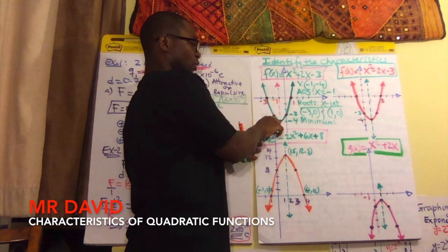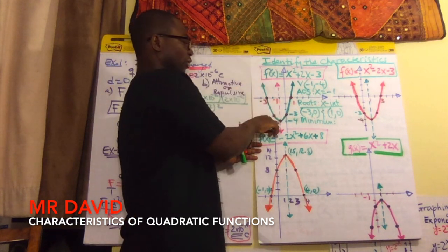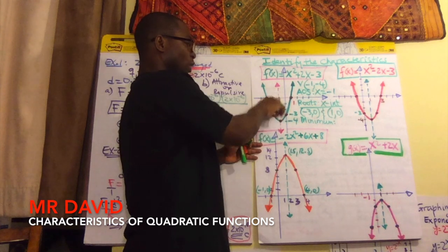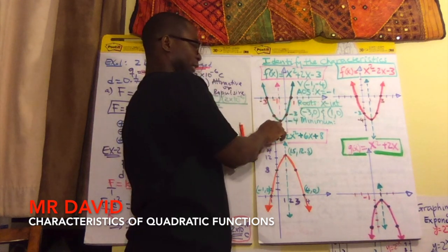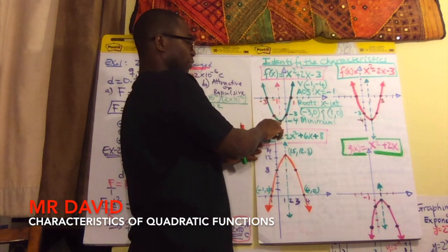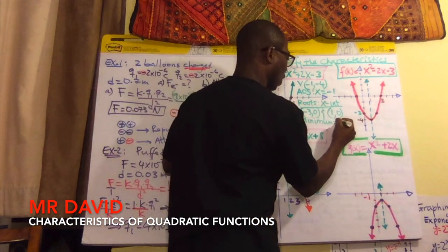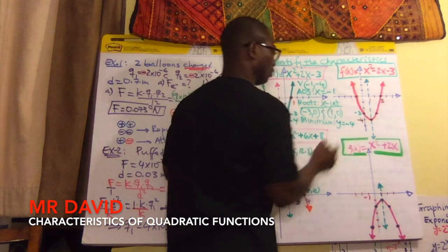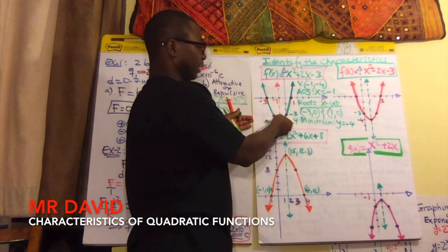It starts from -4 all the way to the top, so the lowest point of the graph is the y value of your vertex, -4. So the minimum is y equals -4.